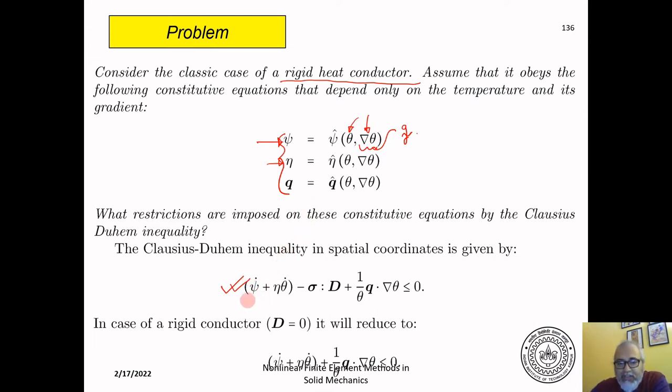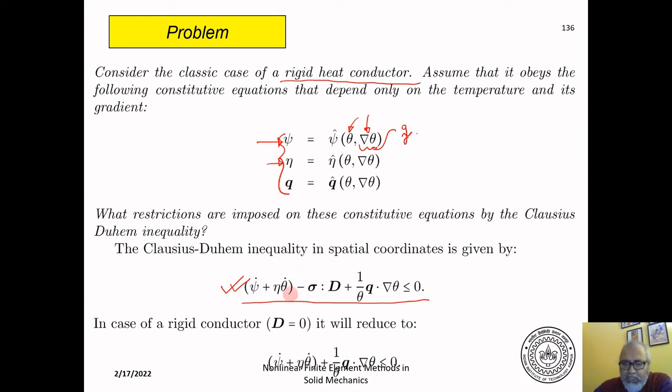So what I have written here is the Clausius-Duhem inequality as we have derived, in the deformed configuration, because these constitutive equations are given in the deformed configuration. These are in terms of quantities in the deformed configuration. So this is the gradient and this is the temperature in the deformed configuration.